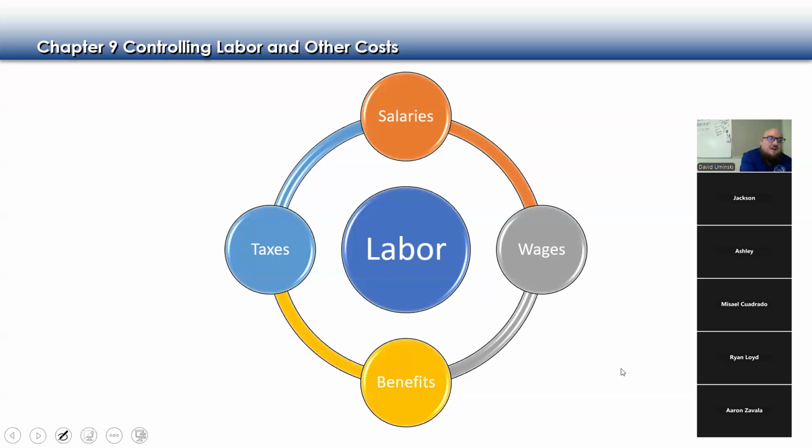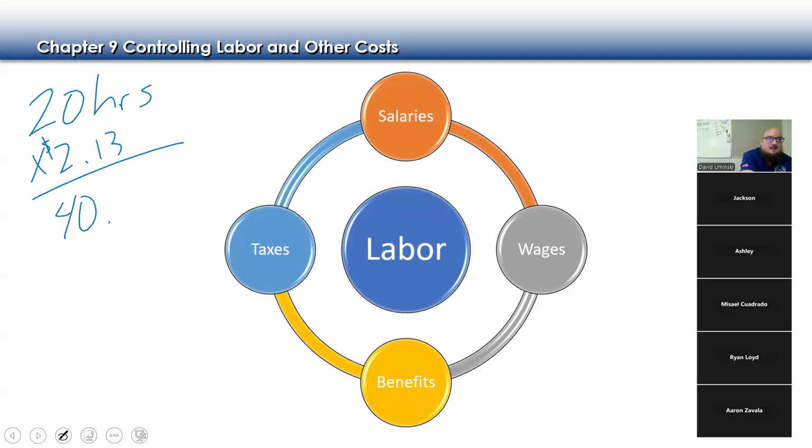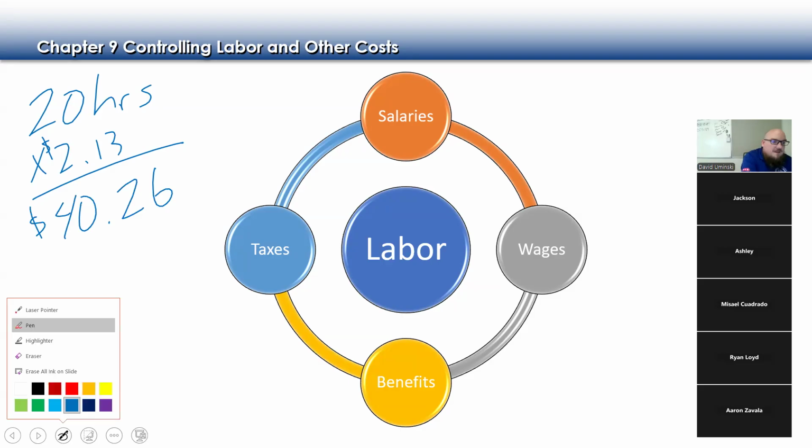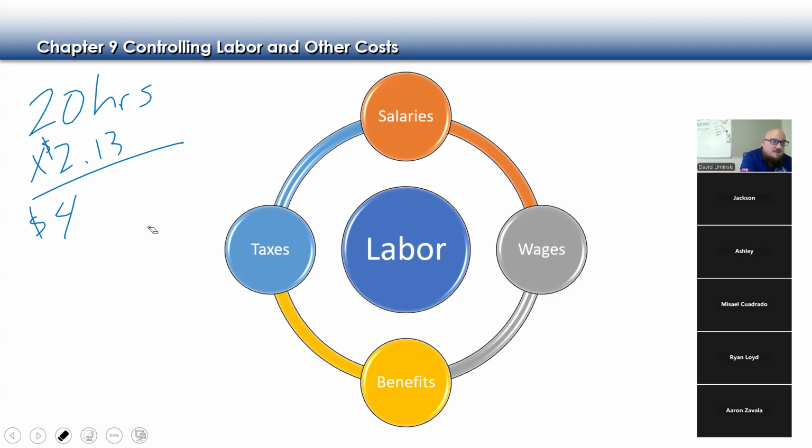The way that it works: let's say I work a 20-hour work week. If I multiply that by $2.13 per hour, because that's what I made as a server, what is that? I got 42.60. Sorry, I got my decimal in the wrong place.